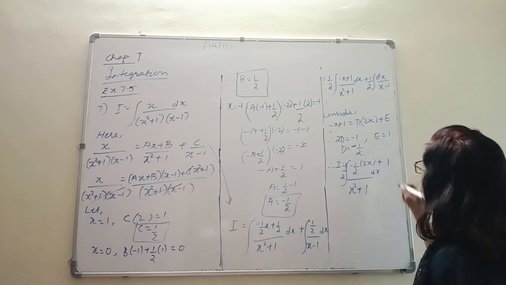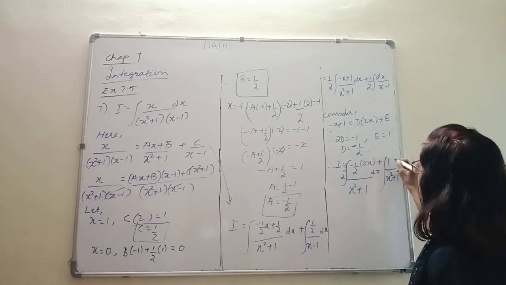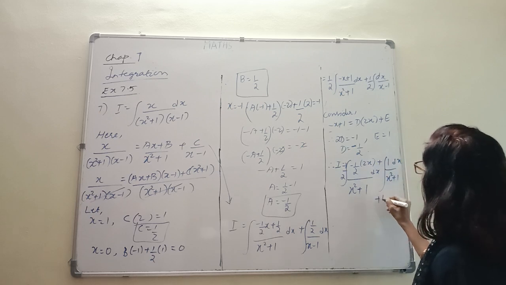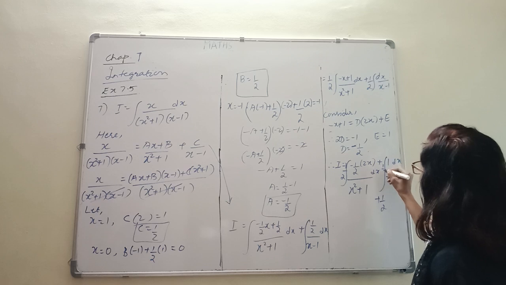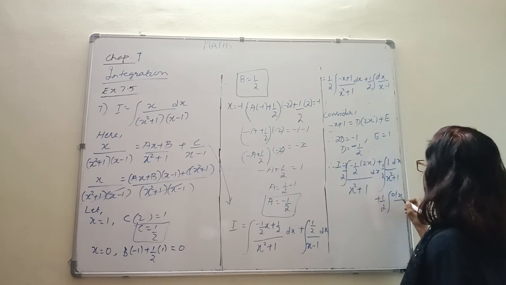And this is x squared plus 1 dx. And then there is that half times dx over x minus 1. Don't forget the half here also, because the half is common to both.